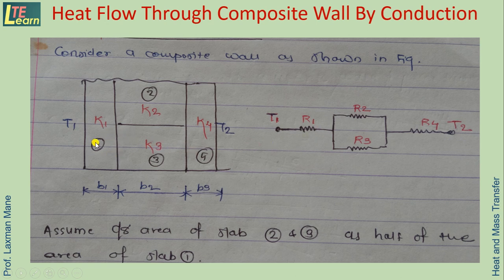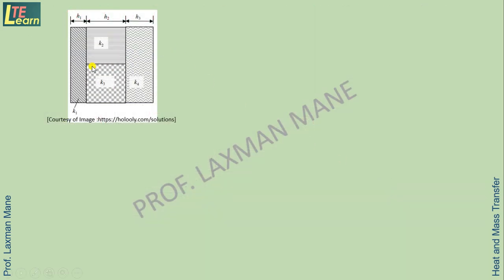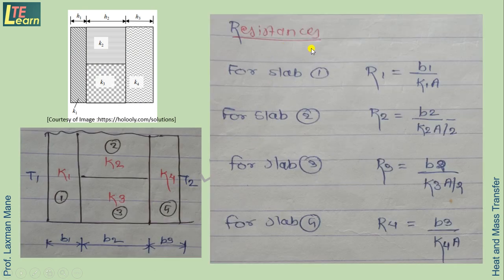R1 for layer 1; R2 and R3 are in parallel because these two layers, number 2 and number 3, are parallel; and this is the fourth layer and its corresponding resistance R4. So here we can have the resistances by using the concept we have already discussed.